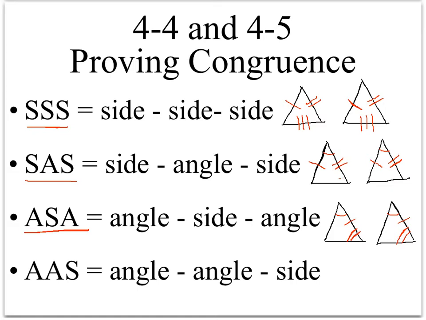And then lastly, if we have 2 triangles that have, again, 2 angles in common, and then a side that is not right in between the 2 angles, then they have angle angle side congruence.